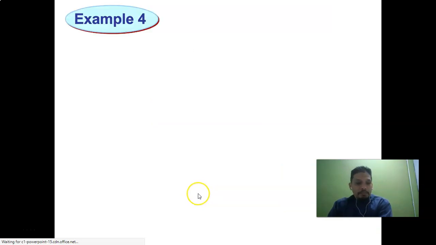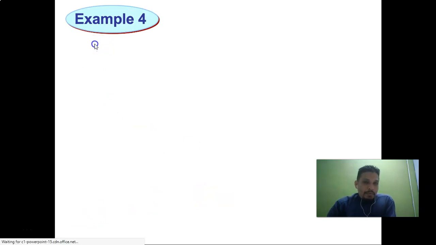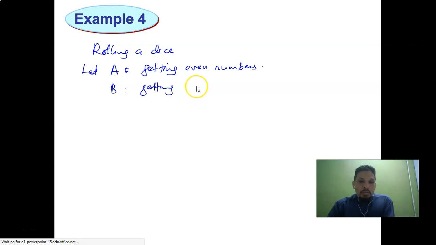Example 4. Okay, so for example 4, when we are rolling a dice. Okay, so let's say we come up with the event of A, getting even numbers, and B, getting odd numbers.